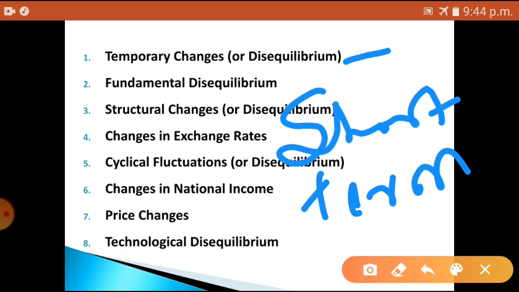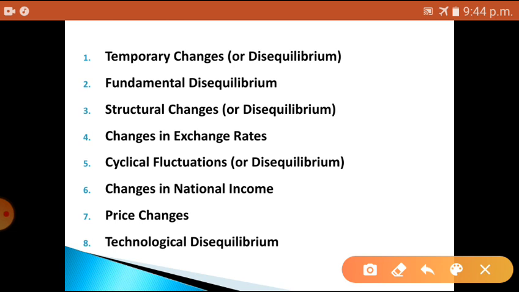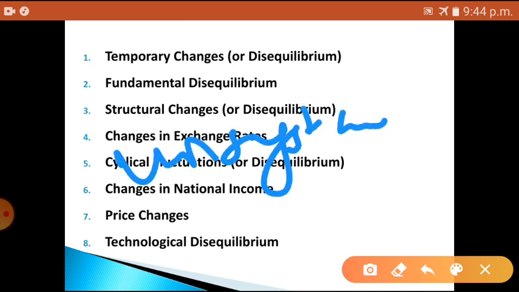So there may be a temporary disequilibrium caused by accidental or unsystematic variation in trade.